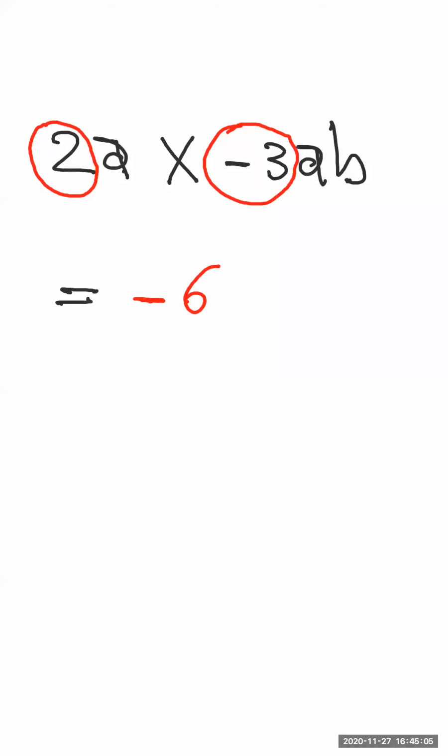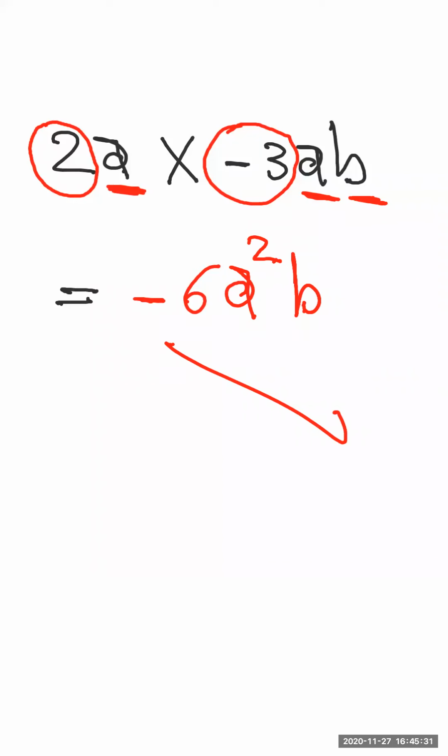Then a times a means a power 1 times a power 1, which is a power 2, and then b. Are we clear?